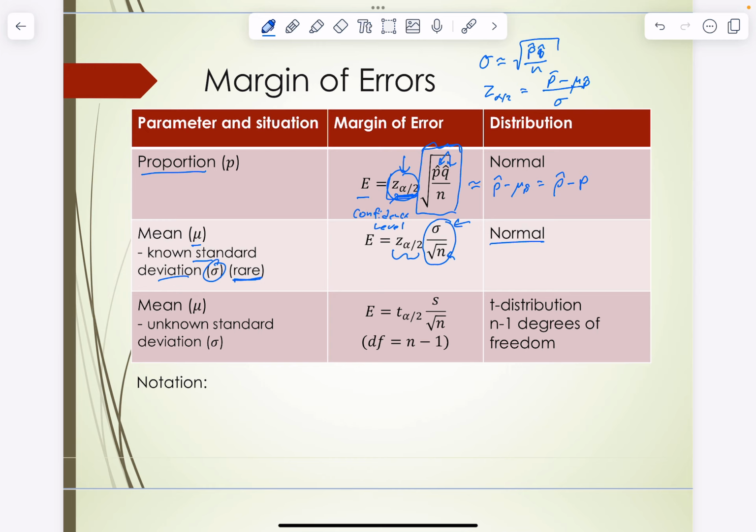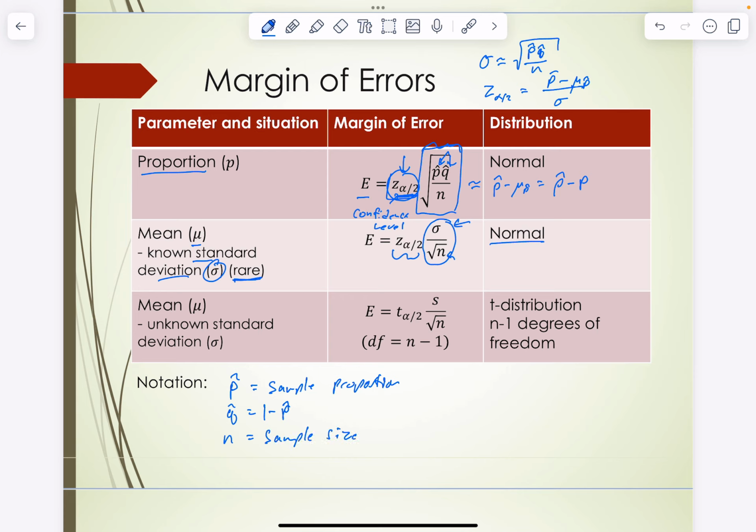Let's just start filling in that notation now. p hat is the sample proportion. q hat is 1 minus p hat. n is the sample size.